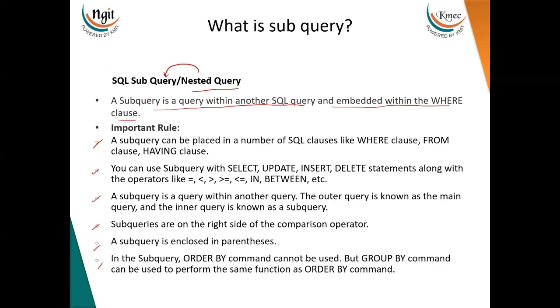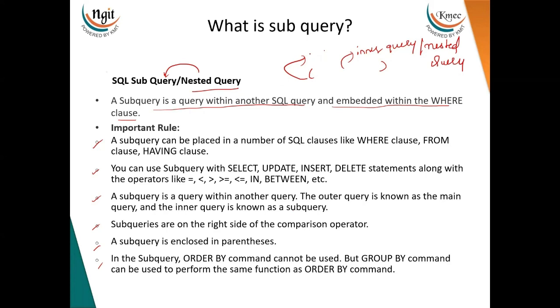So as discussed before, what is a nested query? It is a query which is present inside another query. Whichever query you are writing inside another query, that inner query is known as the subquery, or you can call it the inner query. Formally, you call it a nested query.